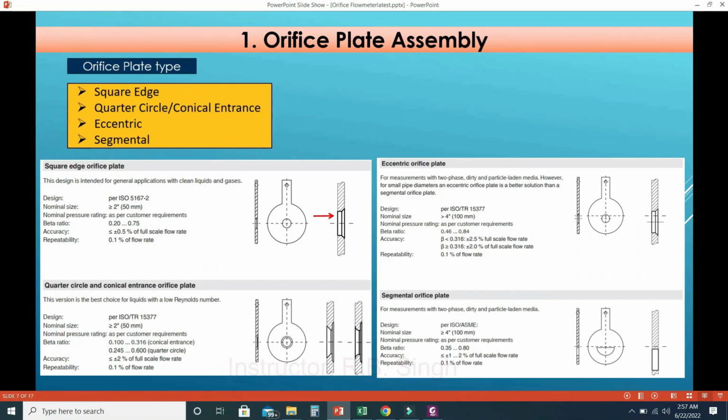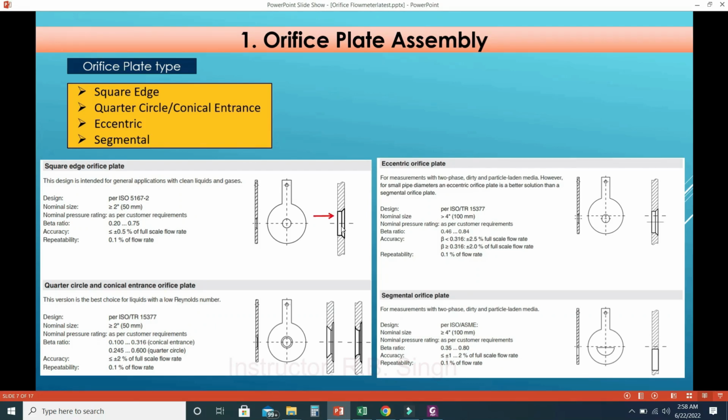The beta ratio can vary from 0.2 to 0.75. We will discuss this beta ratio in detail after a few slides. Accuracy, we can get less than 0.5% of full scale flow rate, and repeatability 0.1%. So this is the square edge, and you can see this kind of edge will be there.